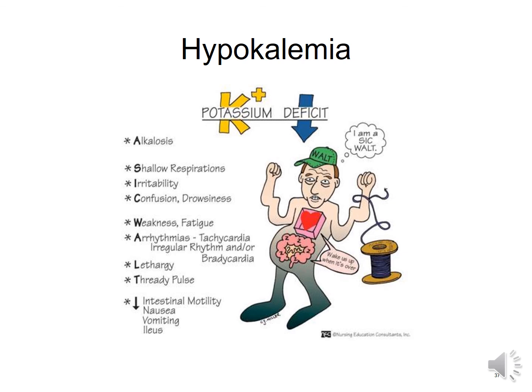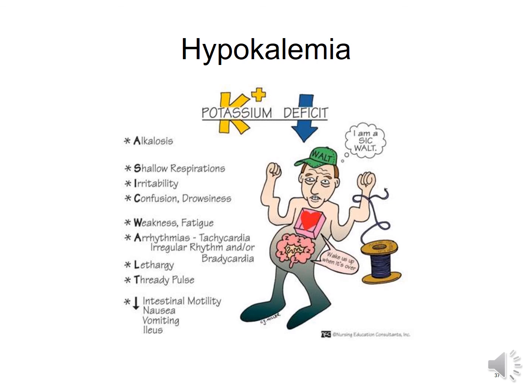When potassium levels are low, it slows the relay of messages in the brain. They're going to have weakness and fatigue. So contraction of the muscles is decreased, and this is also why you have decreased intestinal motility. So that backup can cause nausea and vomiting or an ileus, and if it's bad enough, they'll have flaccid paralysis.